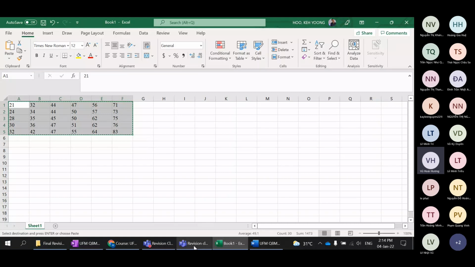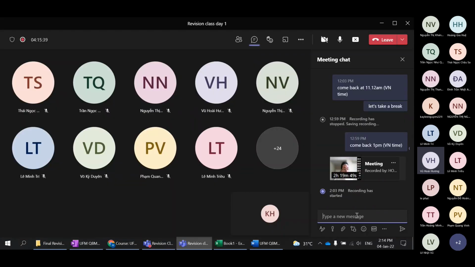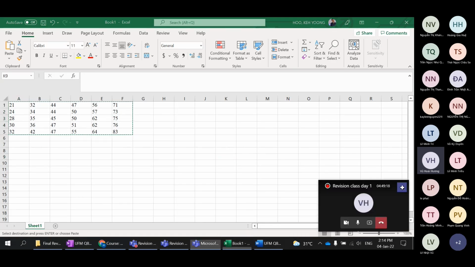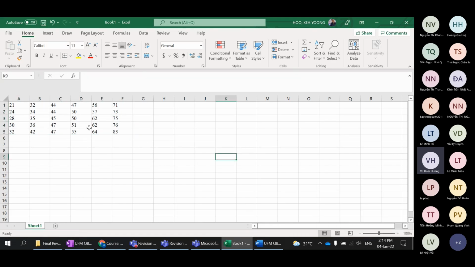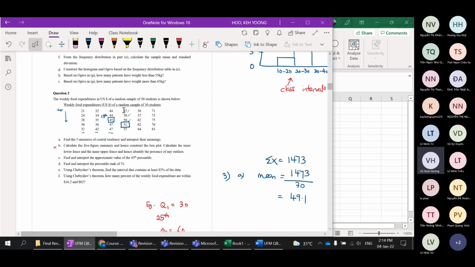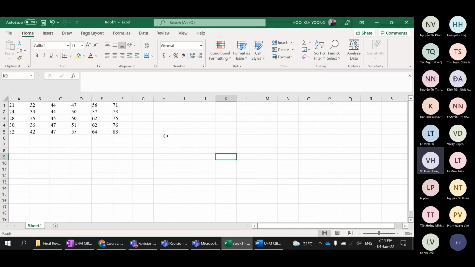Let me copy it to put it in the chat. See whether you can copy and paste it into Excel or not. You can get it from the chat. If not, I'll give you 1 minute to type it into your Excel. Type these 30 data values into Excel first.